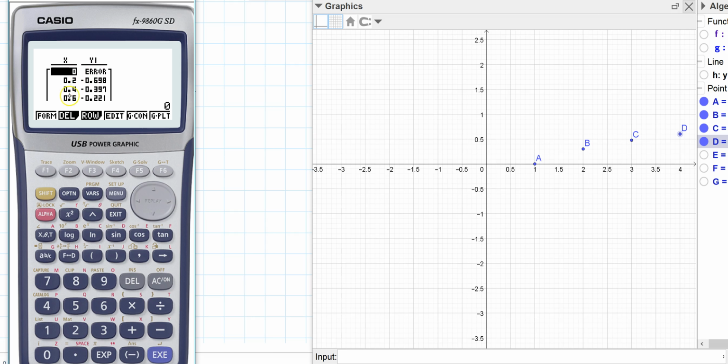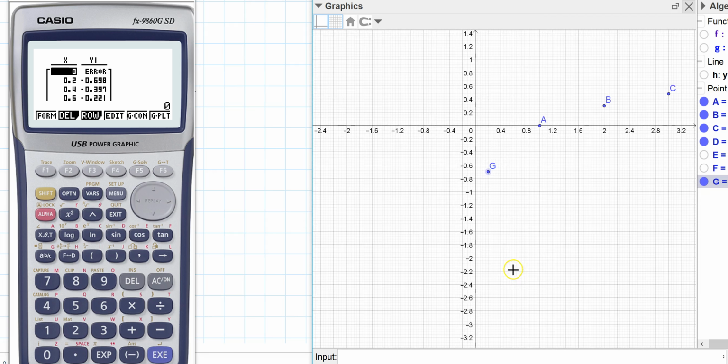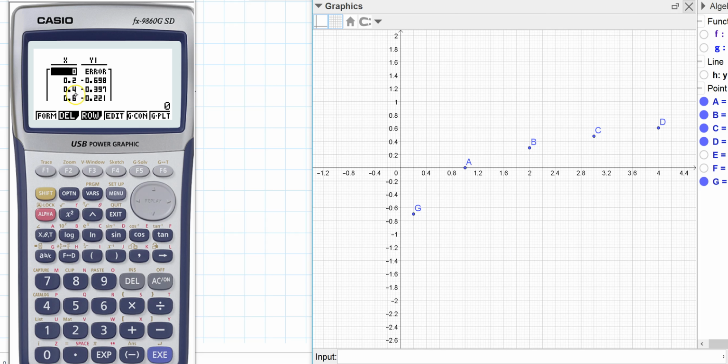When x is equal to 0.2, I've got this value of -6.99. Okay, so when x is 0.2, -6.99. So that's happening over there. Let's just scroll in a little bit. There we are. Now, when x is equal to 0.4, I'm going to get that y is equal to minus 3.97.